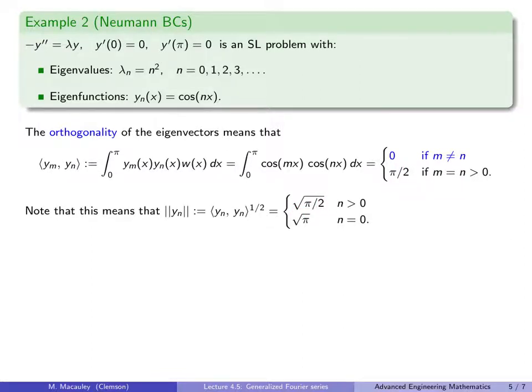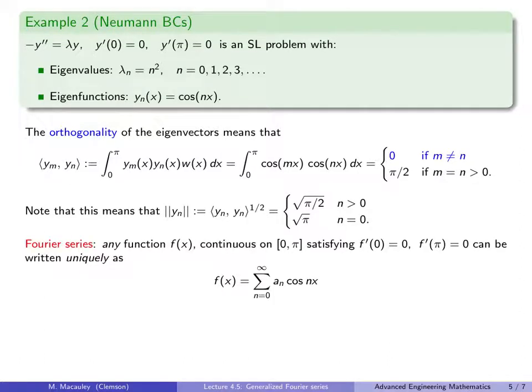And I'll leave it as an exercise to check that if n equals 0, just plug in 1 in place of cosine, you get the square root of pi. In other words, the integral from 0 to pi of cosine of 0 times cosine of 0, or 1, is actually pi instead of pi over 2.